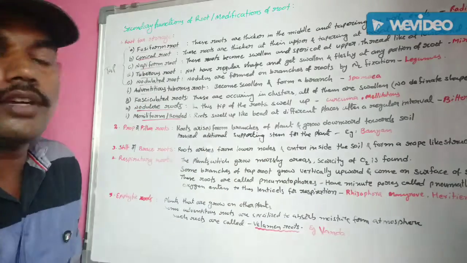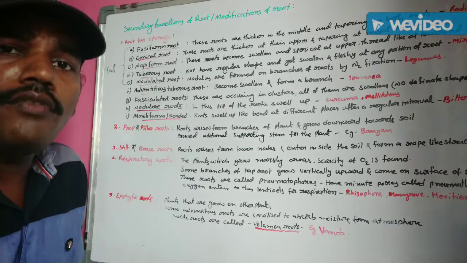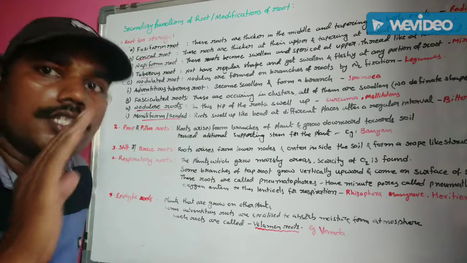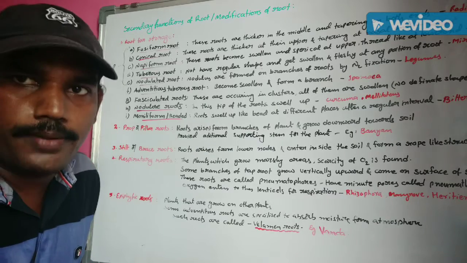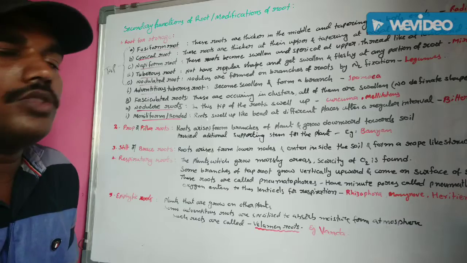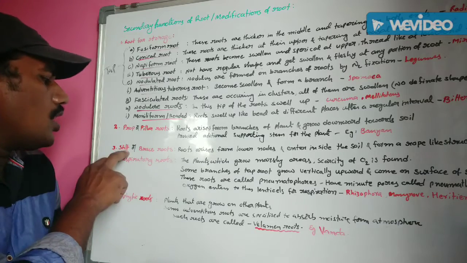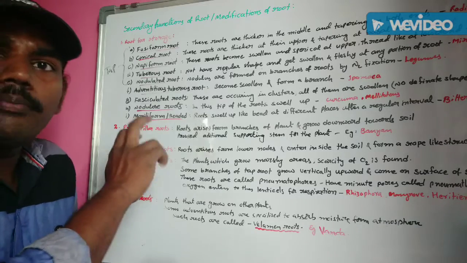This type of root also provides additional support to the main stem. This type of root is known as a stilt or brace root.